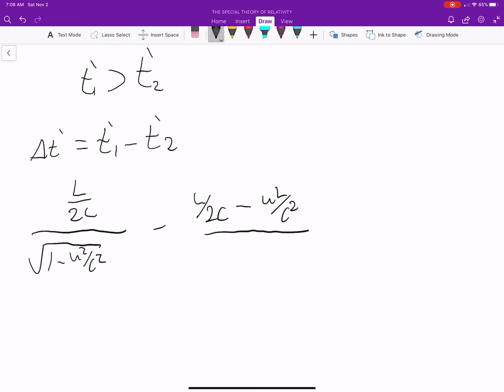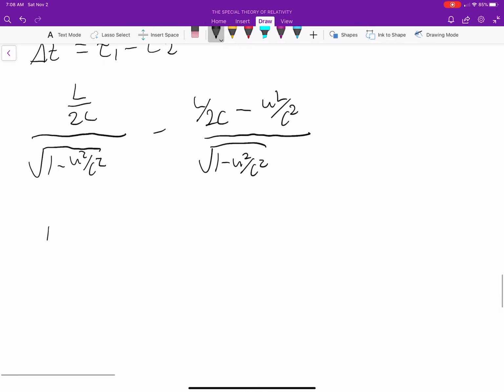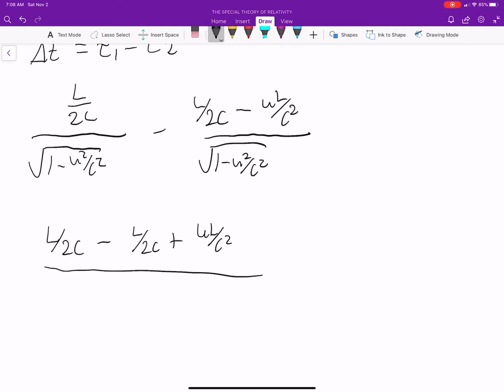If we wanted to simplify that, that'll be L over 2c minus L over 2c plus uL over c squared, all over the square root of 1 minus u squared over c squared. They have the same denominator, so it's pretty straightforward.